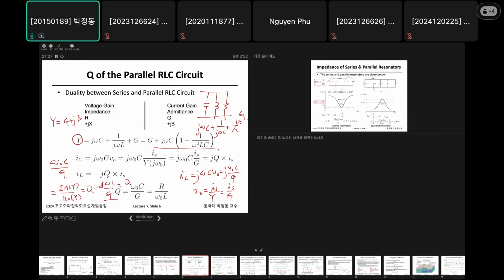So this current becomes amplified by jQ, okay? How about this? This is amplified by the minus jQ I_S. Therefore, the total current here and here is just compensated. So the total current is just conducted to here. Okay, exactly the same.